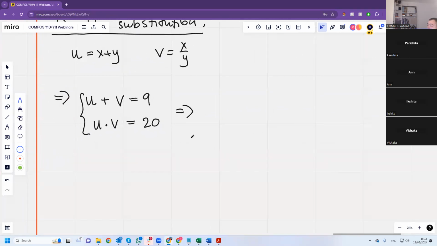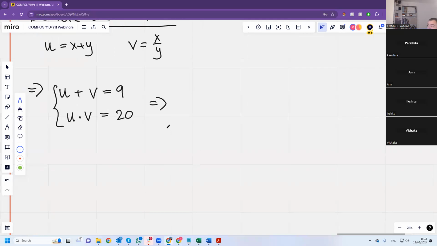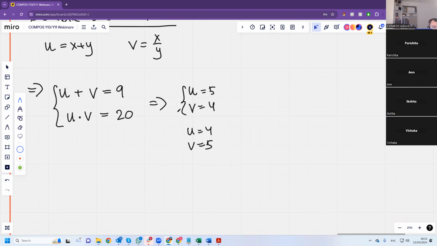You can only have up to 2 solutions because you will get a quadratic equation. And can you guess them? 5 and 4, of course. U equals 5, V equals 4. And because this is a symmetrical system as well, then U equals 4, V equals 5. I'm using the symbol OR.